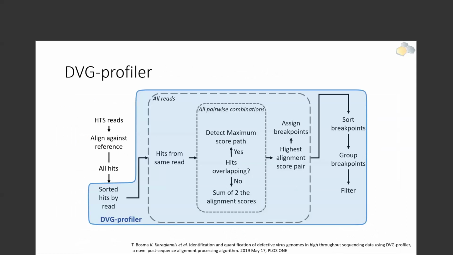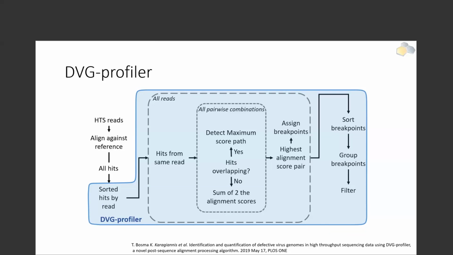Thanks to Dr. Bosma and Dr. Sauder from FDA, we had the chance to look at the data that they created with NGS and their wet lab results from a lot of the analysis that they performed previously, and they convinced themselves that there are DVGs in mumps virus and that we have to look at them. We have to see how they behave and how we can study them practically. So we came up with this workflow, this pipeline, which eventually led to the creation of this tool called DVG-profiler.